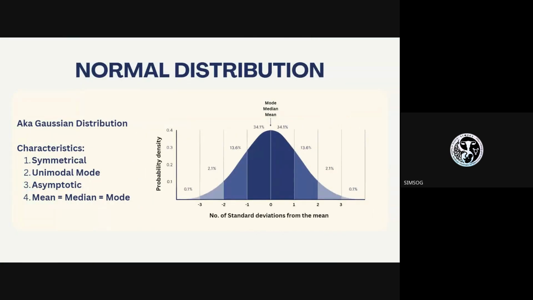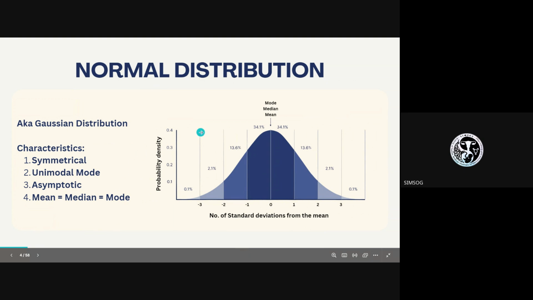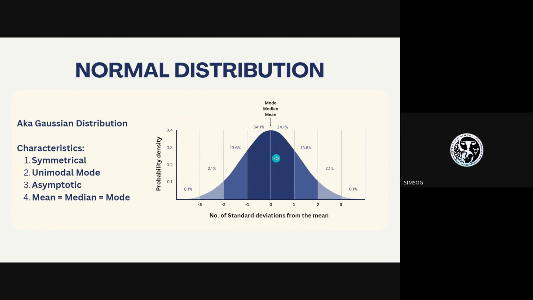I've forgotten which one it was, but certain diseases are bimodal. That is, there will be two peaks essentially in the distribution, whereas in normal distribution, as you can see, it is unimodal. That is, there is a single peak.